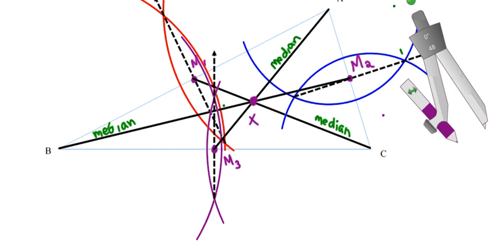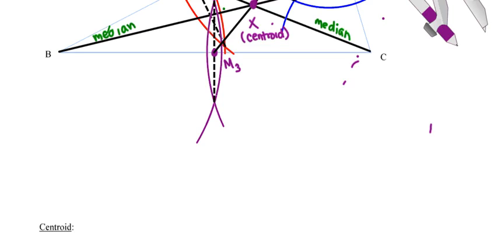And that point where the 3 medians of a triangle intersect is called the centroid. So there's your new vocabulary word for the day. The centroid is the point of concurrency where the 3 medians of a triangle intersect.